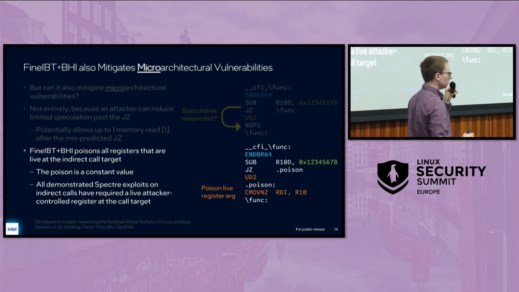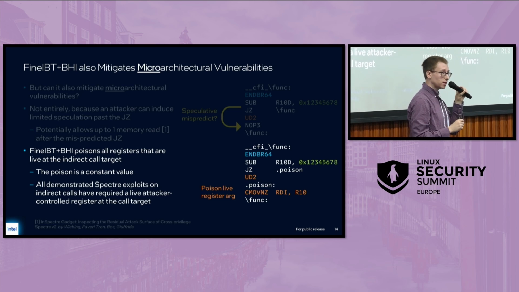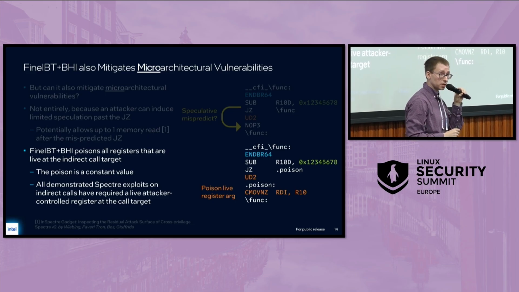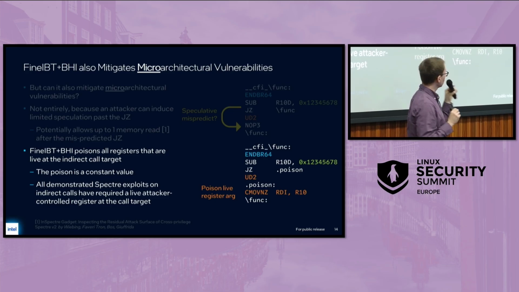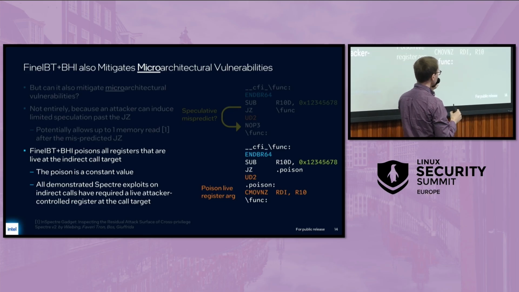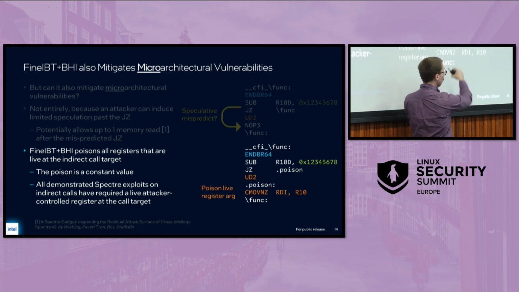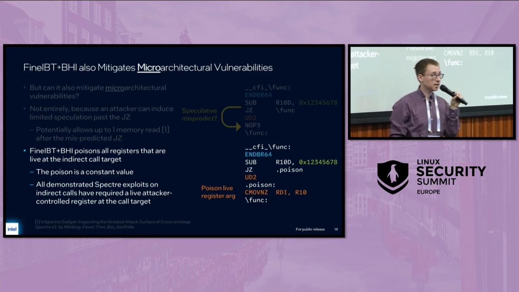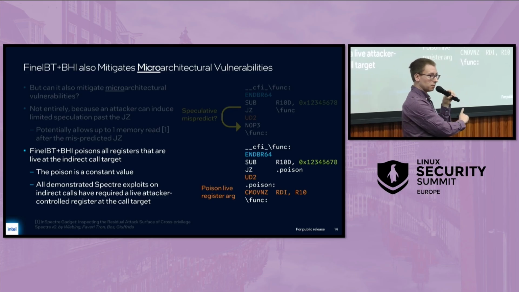So suppose that the indirect call was mispredicted and the JZ was mispredicted. If the JZ was mispredicted, that means that the hashes did not actually match. So the outcome of the subtraction was not 0, and therefore the cmovnz will activate, and it will poison the live register, in this example RDI.